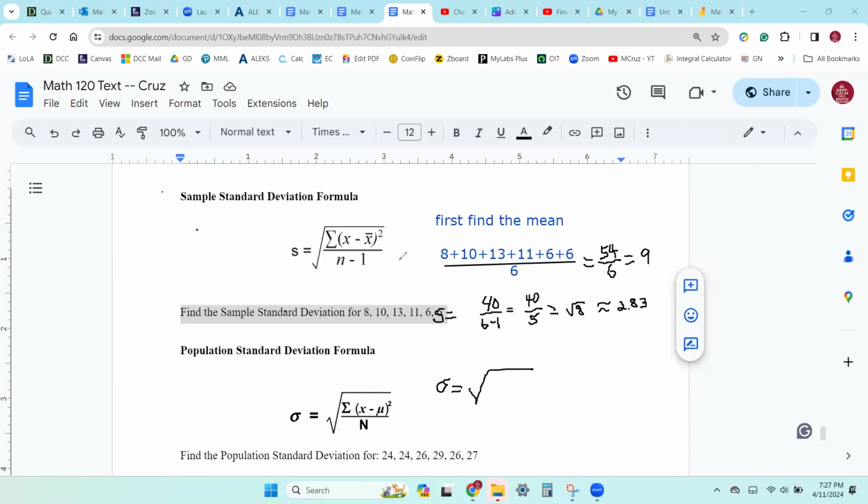So then here, oh, and you know what? I forgot to put the square root over it. I mean, I did it, but I didn't just pull it out of the hat. It's part of the formula. So then here it's still going to be 40. And down here now, the n is just going to be the 6.